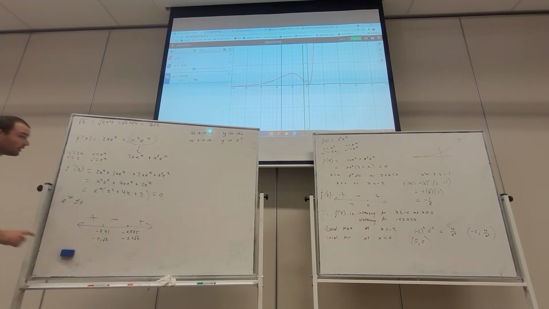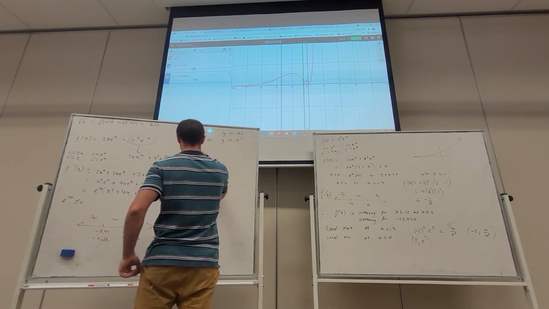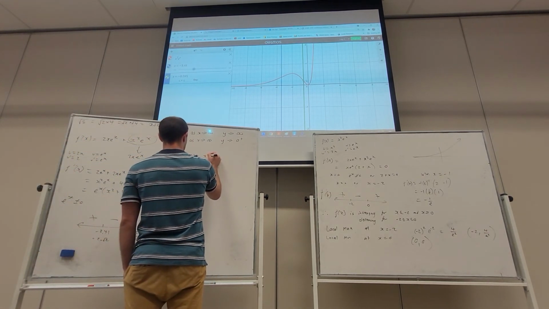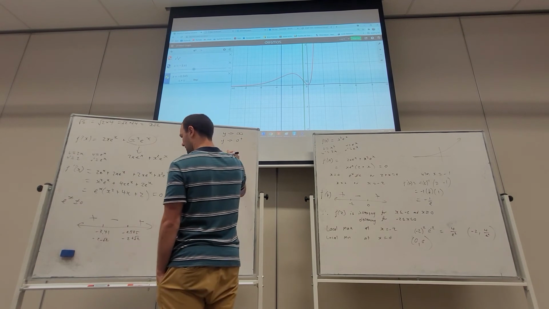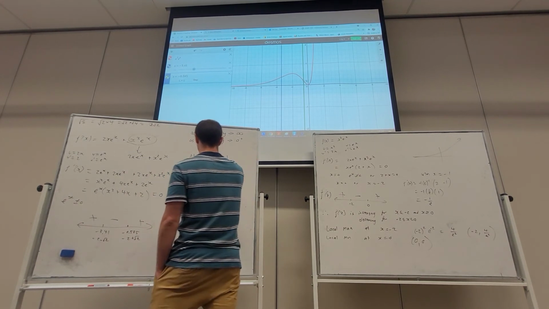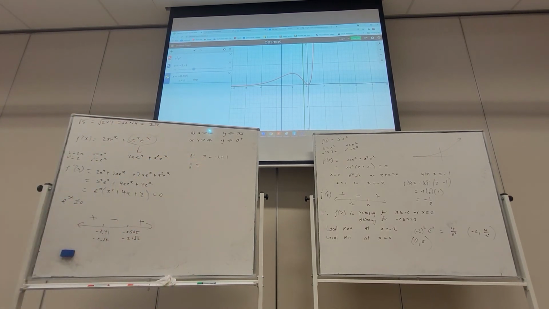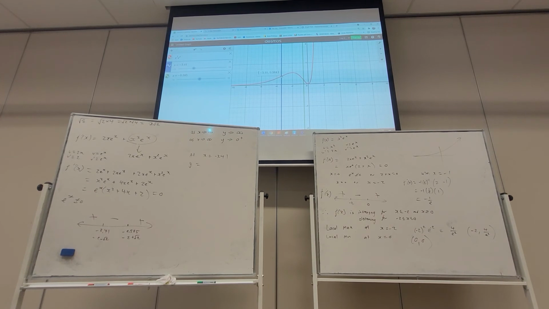So, points of inflection, we've got x equals minus 3.41, and then we need the corresponding y value. This is where it's very helpful to have the calculator. When x is minus 3.41, y is 0.384.